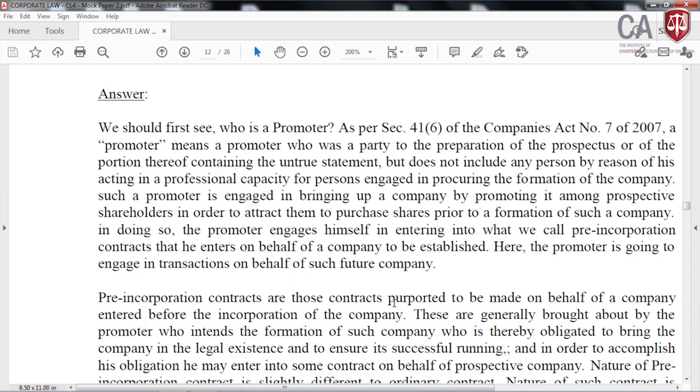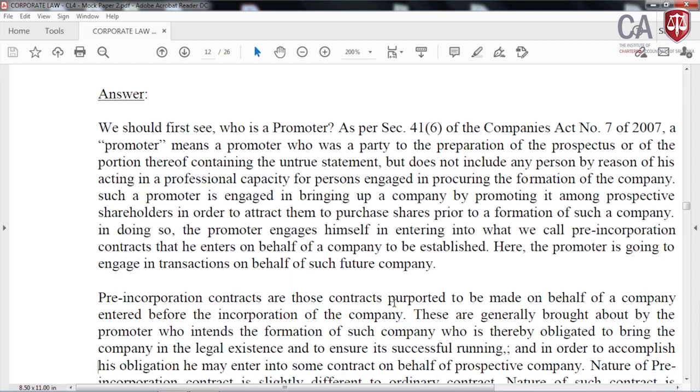But a promoter is a different person, who is more engaged in promoting his idea, seeking the investment for the company itself. So, such a promoter is engaged in bringing up a company by promoting it among prospective shareholders in order to attract them to purchase shares prior to a formation of such a company.